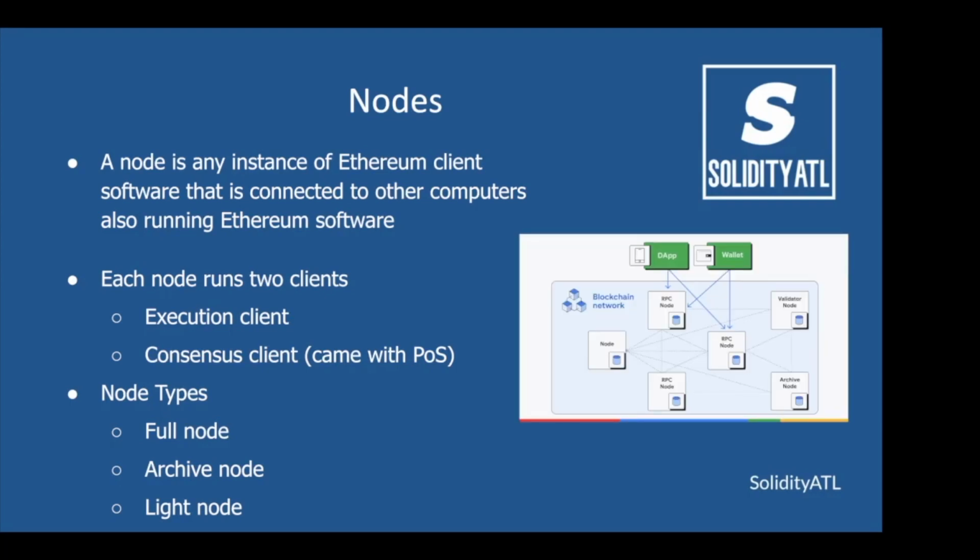I really like this image to illustrate what's happening when you're interacting with a blockchain network. So in the case of a transaction that you're using your wallet for, or you're interacting with a dApp, your transaction is being sent to a node, and that node is running an instance of the Ethereum virtual machine through one of the execution clients, and that is what's actually processing your transaction and then making updates to the network.